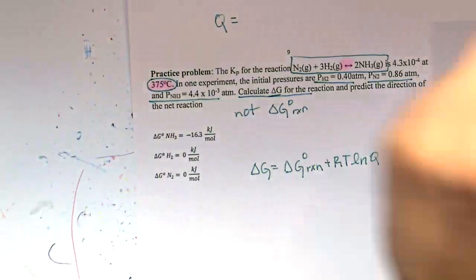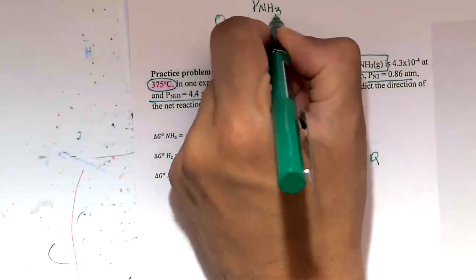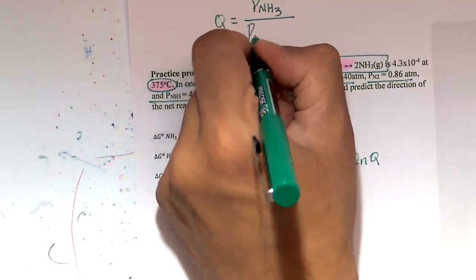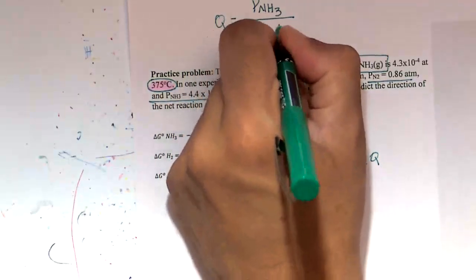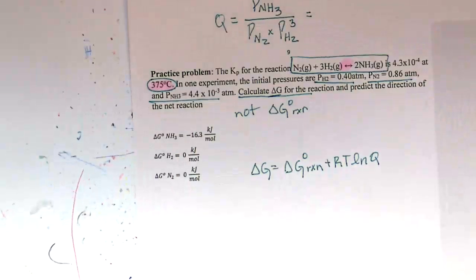Q is products over reactants. So we have the pressure of NH3, which we will square, divided by the pressure of N2 times the pressure of H2 cubed.